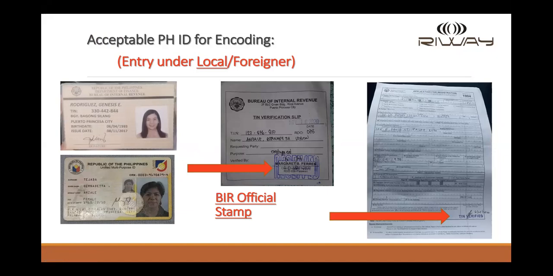Then only the account will be approved. At the same time, we need to have either a TIN verification with BIR CHOP or a form 1904 with the BIR CHOP TIN verified. Otherwise, the account will not be approved. But if you complete all this, then only we would approve it under a local entry document.